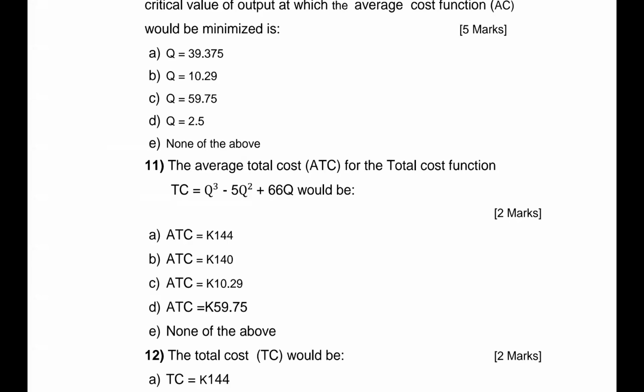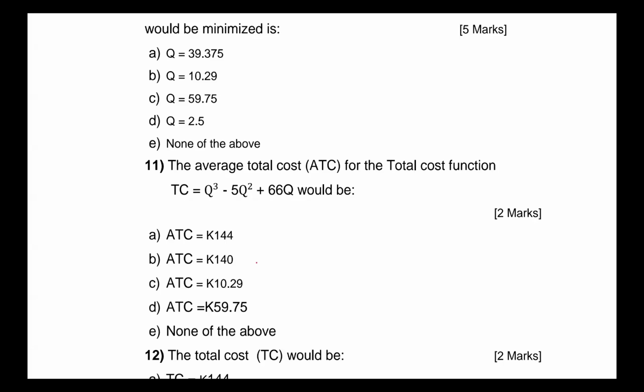Question number 11. What was the answer? The average function, first we found, was Q squared minus 5Q plus 66.